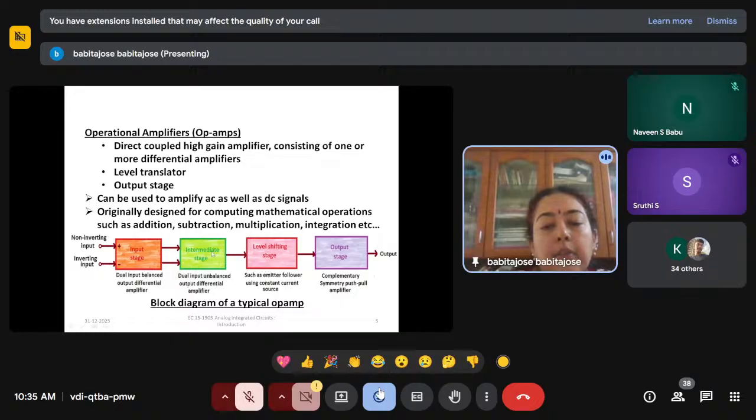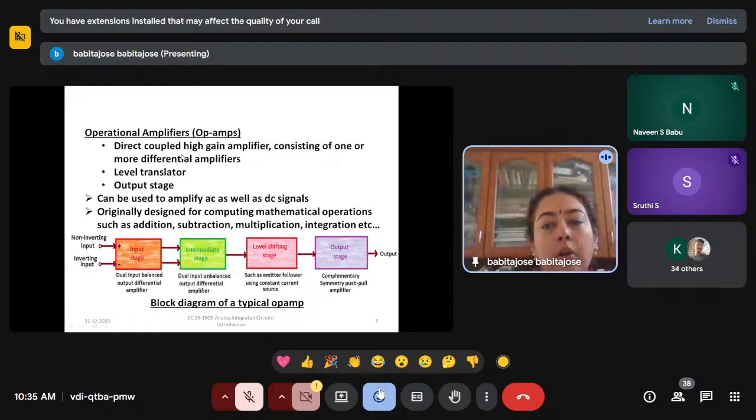The second stage, which is called the intermediate stage, is again another differential amplifier, which is a dual input unbalanced output. So the difference between these two: this is a dual input balanced output differential amplifier. Here it is a dual input unbalanced output differential amplifier.